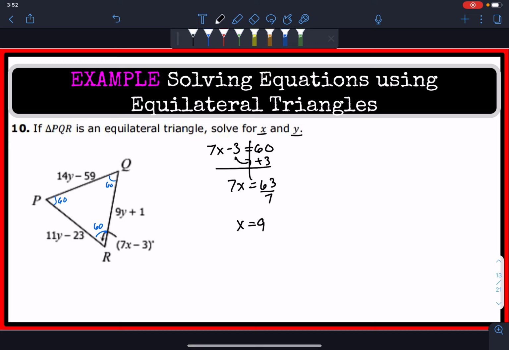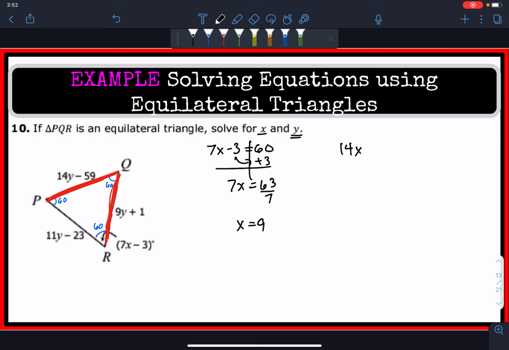To figure out the value of y, again, on an equilateral triangle, all three sides are the same. So if I get this side, let me use red, it's going to be equivalent to any of the other two sides. I can set it equal to 9y plus 1, or I can set it to this side down there. I only need to set it to one of the two sides, so I'm simply going to set it to the one I've already highlighted in red.